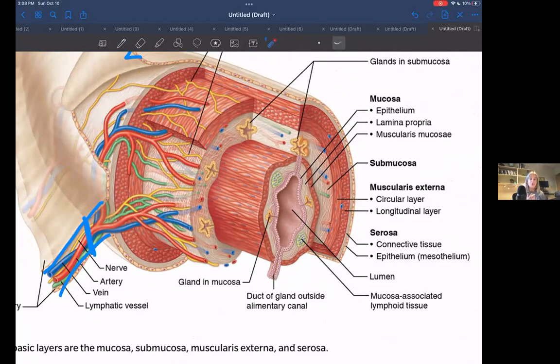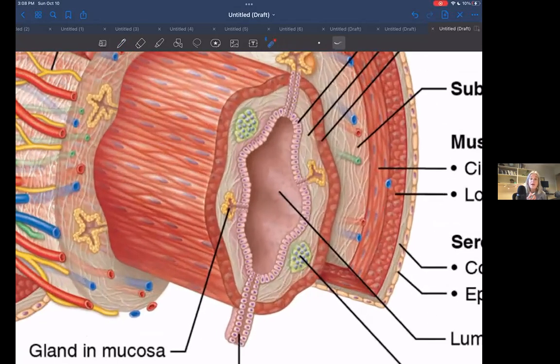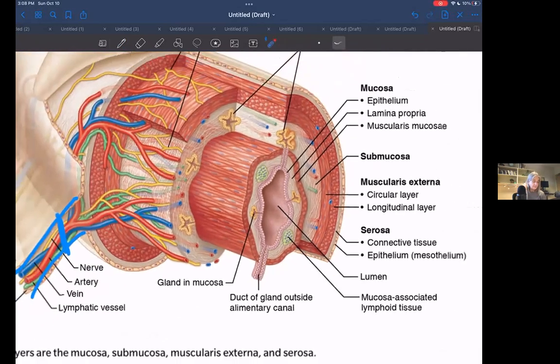So the mucosa produces mucus. Also, for example, in the stomach, we have digestive enzymes being produced by the mucosa, and we also have hormones that are secreted into the lumen of that space. So this is the mucosa.